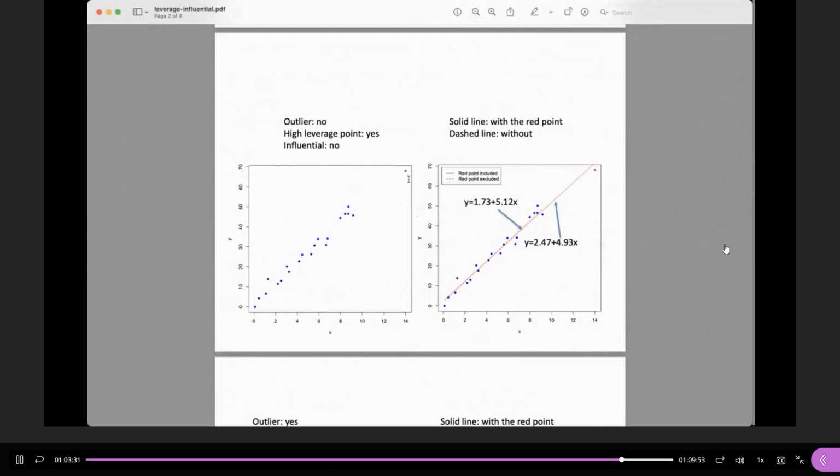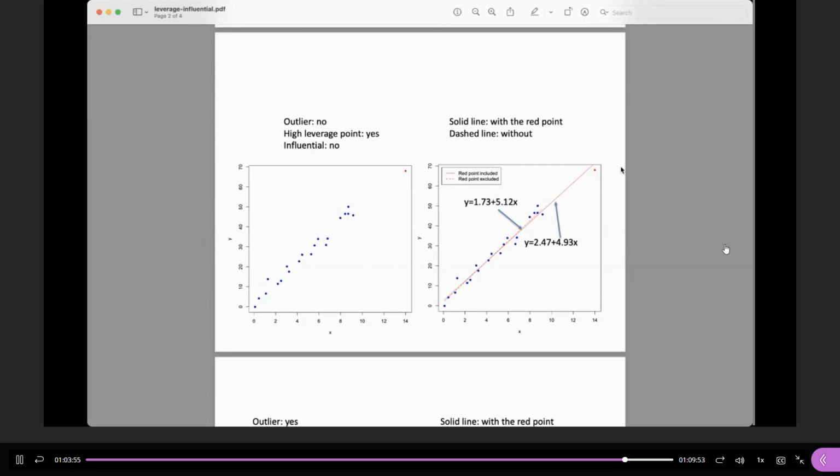The next one. You see a red point here at the corner and the rest of the blue points here. This point has high leverage, but it's not an outlier. As you can see here, if you put a regression line here, this red point actually is very close to the regression line. And on the right, you see the solid line and then the dashed line. The solid line is with the full data set.